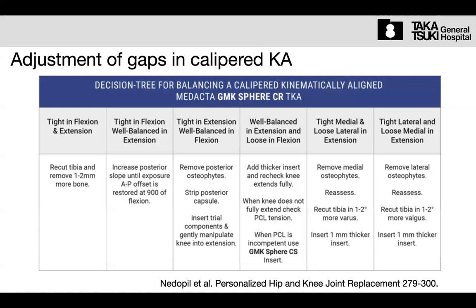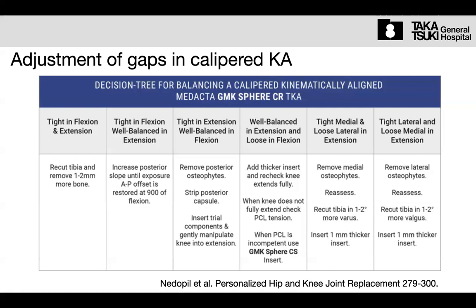So manage with the recut of the tibia or soft tissue release, but not MCL. We never release the MCL at least, but the posterior capsule can be released because it might be contracted due to preoperative flexion contracture.